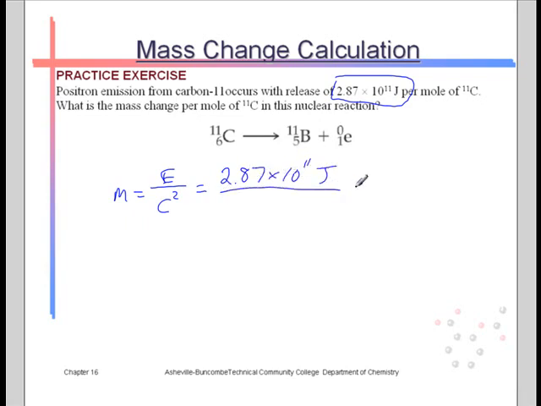We'll add the per mole there, and c is 3.00 times 10 to the 8 meters per second. The mass change from one side to the other is a very small amount, just like before, on the order of 10 to the minus 6 kilograms. So 3.2 milligrams of mass is lost.